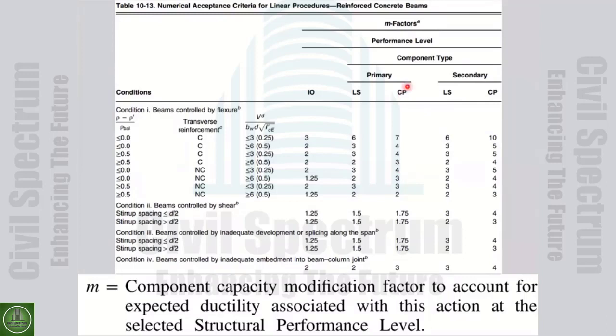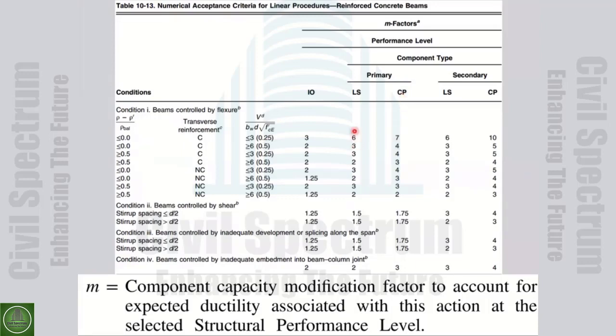For this one, because it's a very good beam, till 7 times, we let the demand be 7 times the capacity, and we say it didn't pass the collapse prevention.